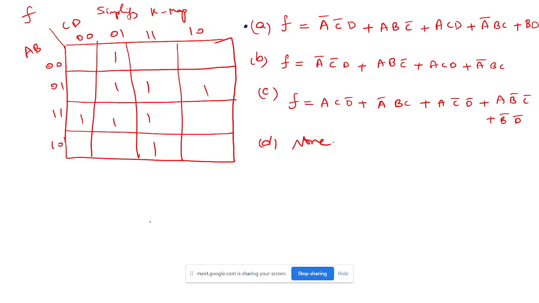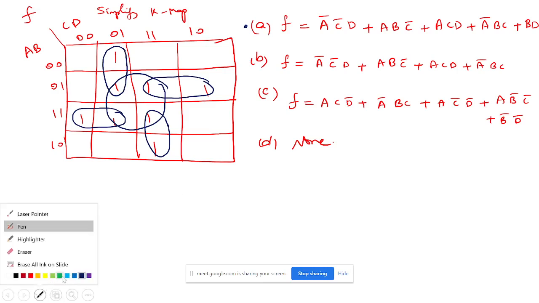A group of 16 ones you will see and nothing is available. So you will take a group of 4. Straight away you got this. And any other group of 4? No. So you'll take this one, group of 2, group of 2, group of 2, group of 2.